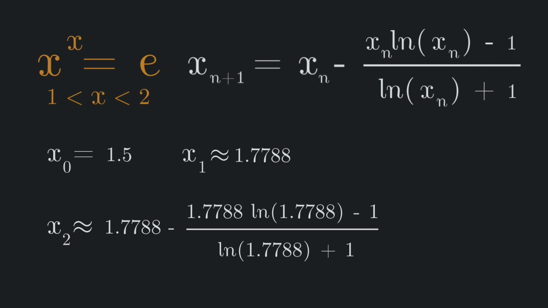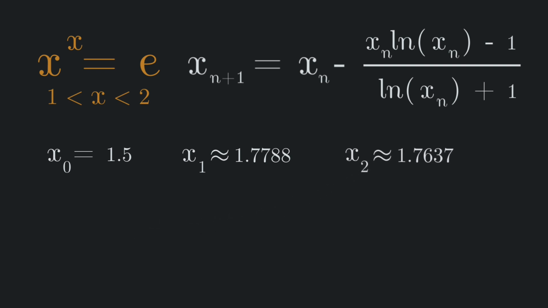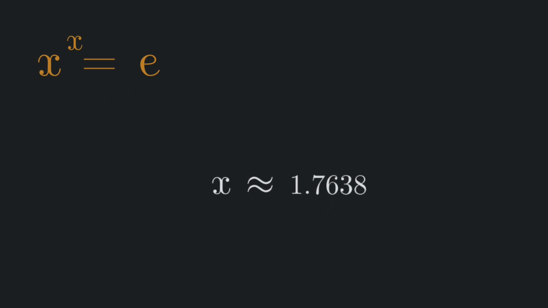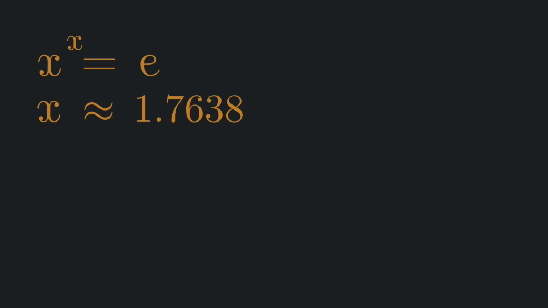Then using the same process, we find x sub 2, which is about 1.7637. We keep going and calculate x sub 3 and x sub 4. As you can see, they all converge to about 1.7638. So the solution for x is approximately 1.7638. Now let's solve this equation using the same method in Python code.